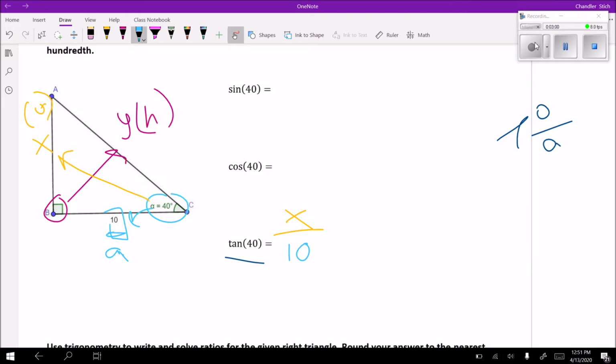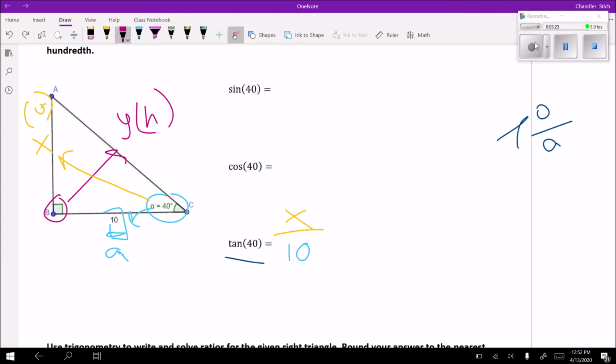I know that tangent is opposite over adjacent, or x over 10, but I need to figure out what x is. I know that that's a number. How do I find that number? Here's how. This is a fraction, x over 10. How do I get x by itself?